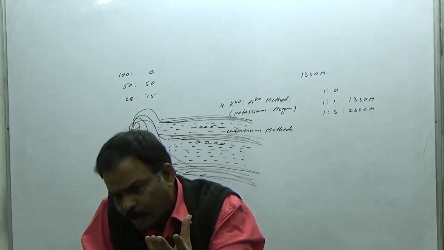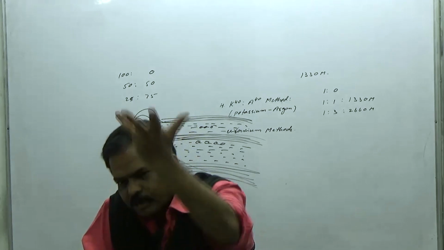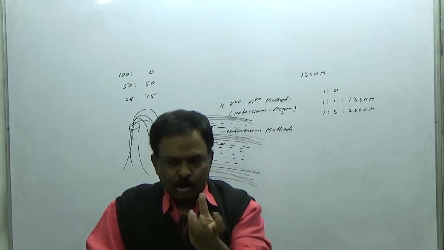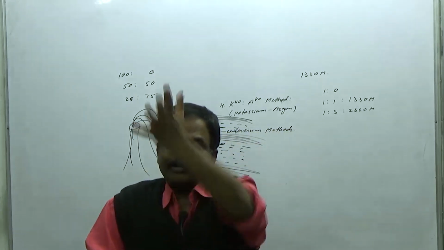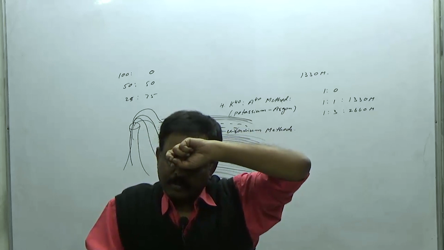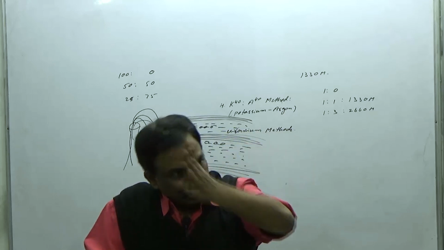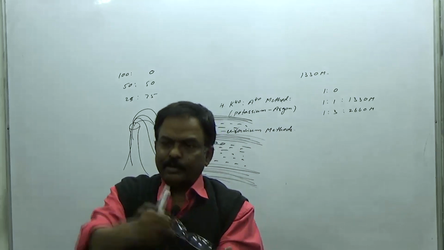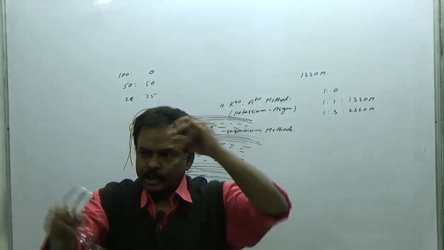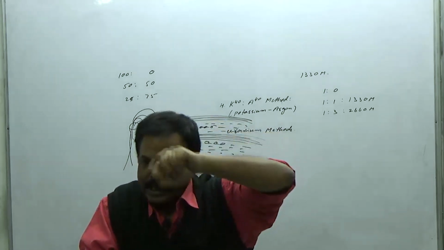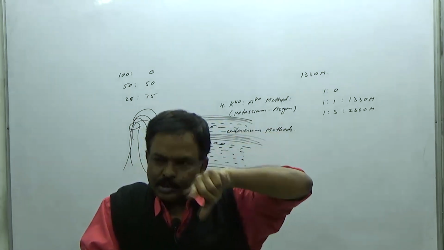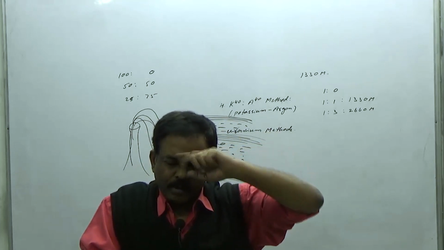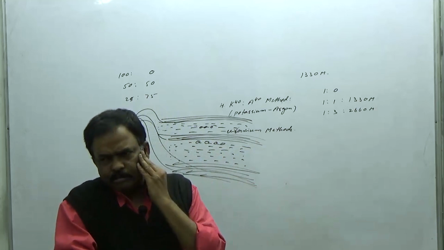The lake is nothing but the crater of the volcano. The crater is still there. Due to rain, the crater is filled with water. Now we consider that as the lake, but that is not the lake, that is the volcanic crater.